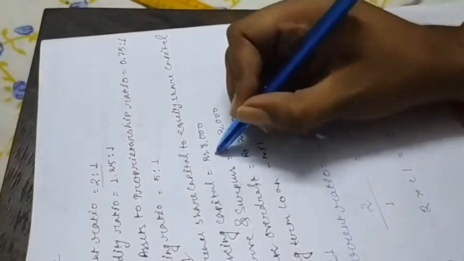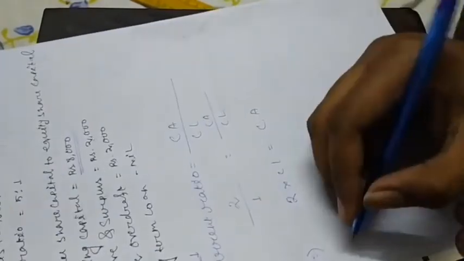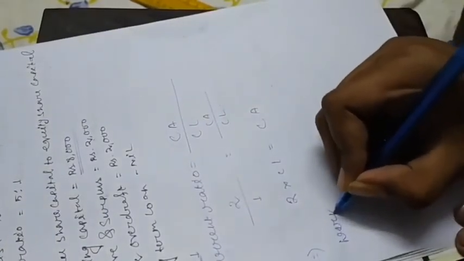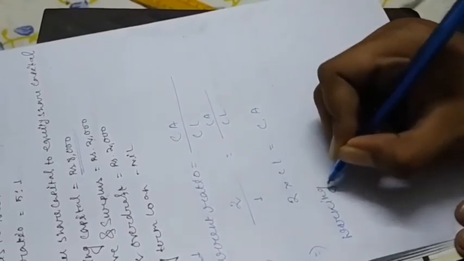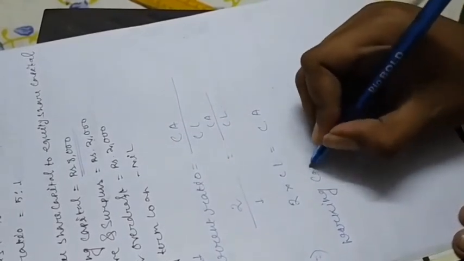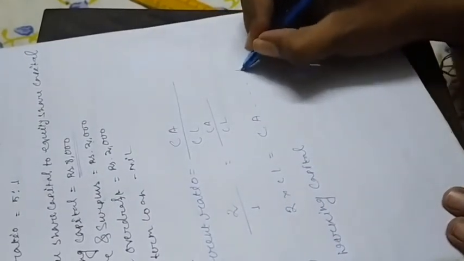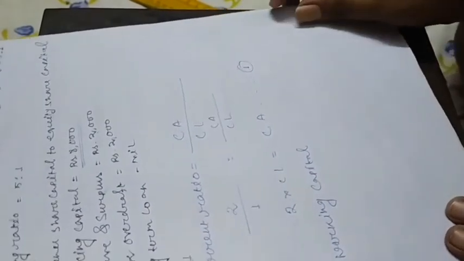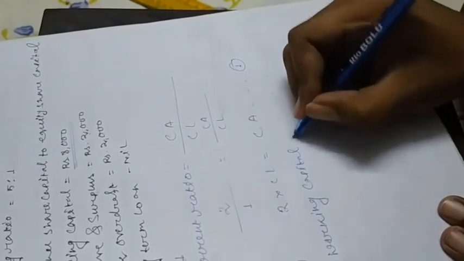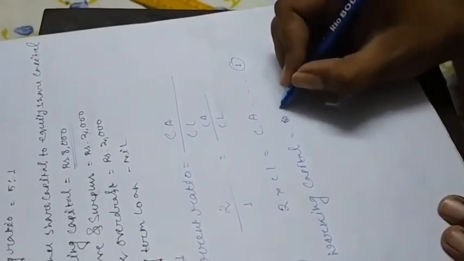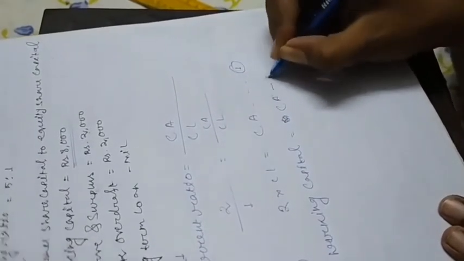But there is another piece of information, that working capital is valued at 8,000. So we know working capital means current asset minus current liability.